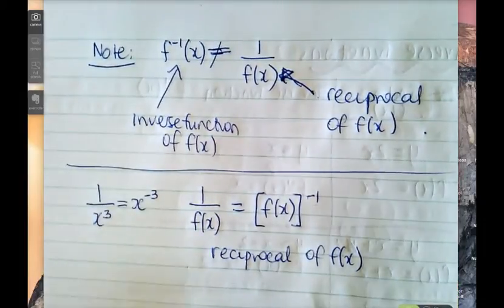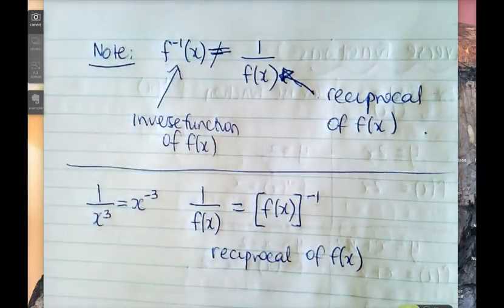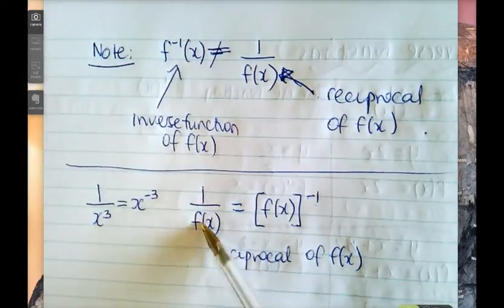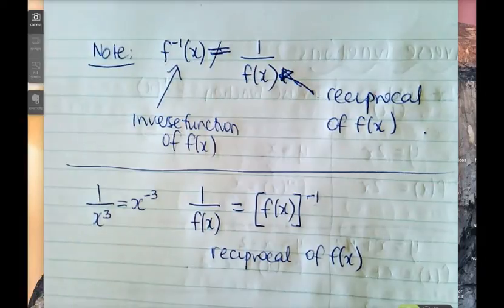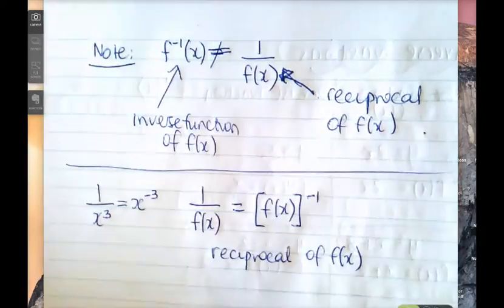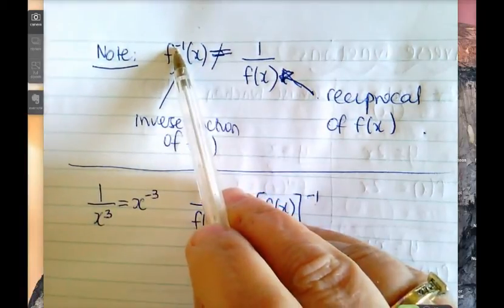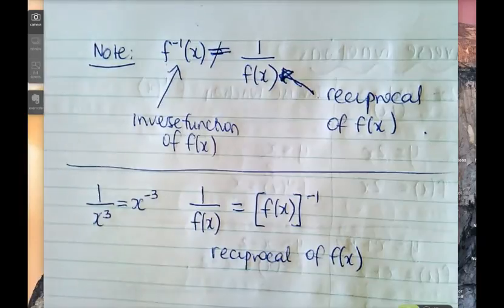It's different to the inverse function, so that's a not equal to sign there. 1 over f of x is f of x to the negative 1. Remember, negative power means 1 over. So they are not the same. You can see where the negative 1 is here. It's the inverse of function of x. That's really important as well.